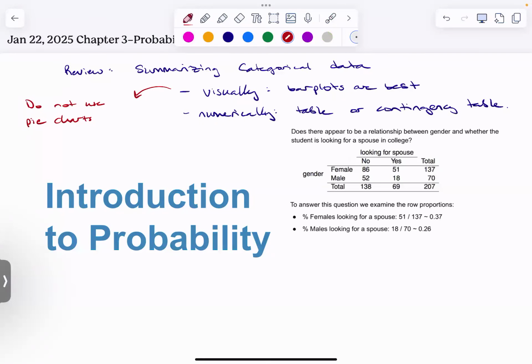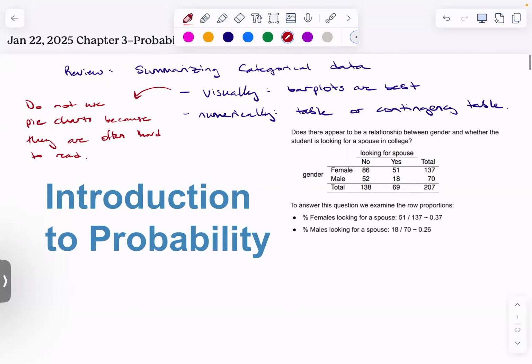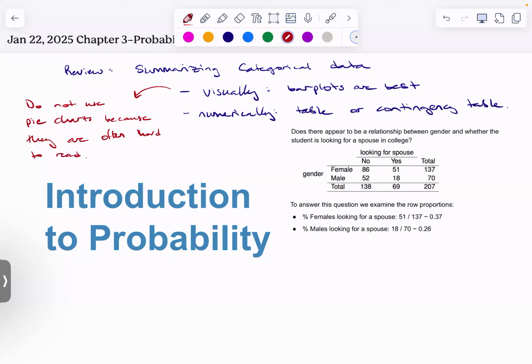So do not use pie charts because they are often hard to read, unless there are only two groups, or two categories. But then if there's only two categories, I just need to tell you the number for one, and then you know the other, or the other proportion.